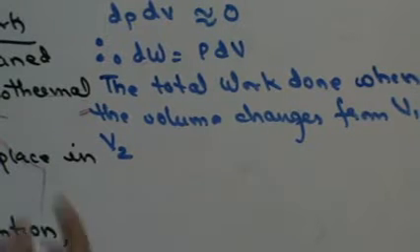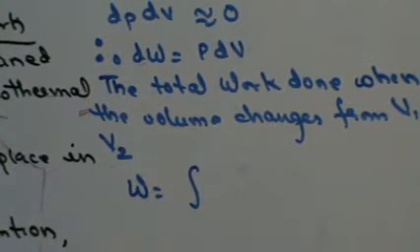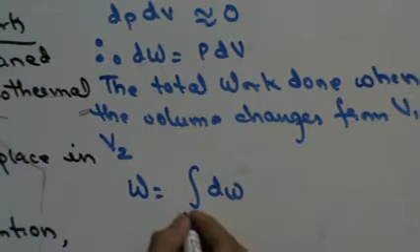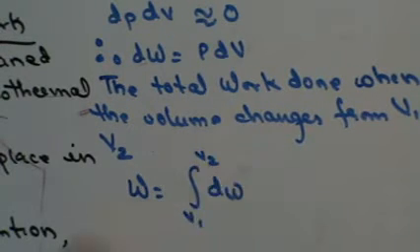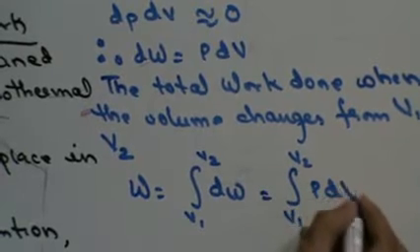Then the total work done, W, can be given as the integral of dW when the volume changes from V1 to V2. But dW we have calculated is nothing but P dV. This is nothing but the integral from V1 to V2 of P dV.